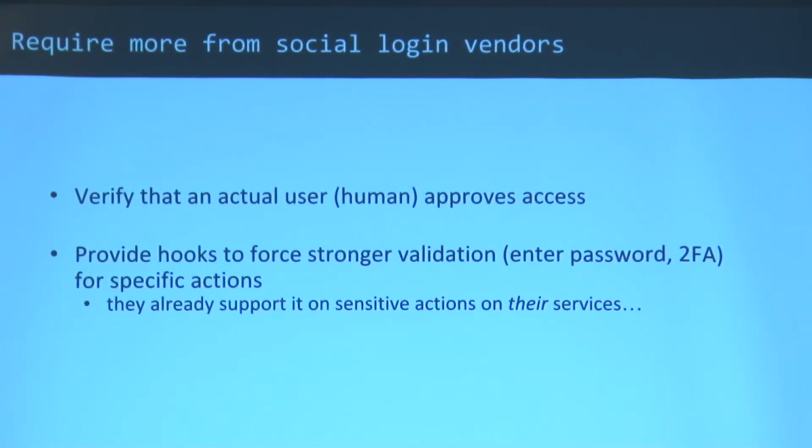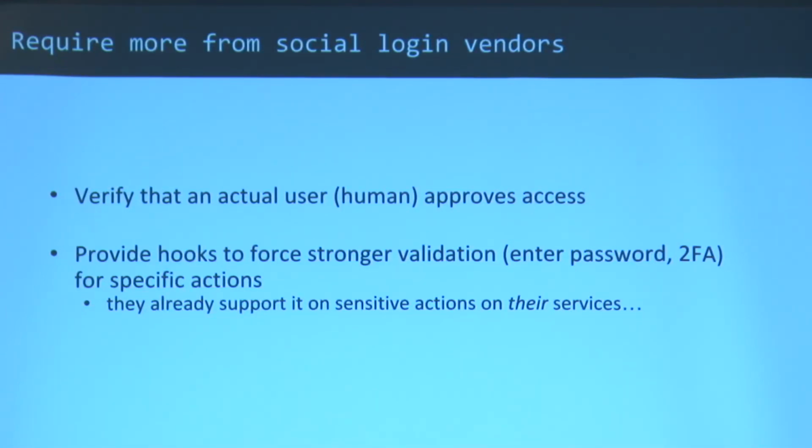We know that they're doing these validations because if you go to your admin account on a Google application, they will insist on two-factor authentication, they will insist you type in the password, and they will verify that the user is actually doing that. They know to track the mouse movement, that you're not doing it in the background. So they do have the tools to do that, but they're not necessarily exposing it.